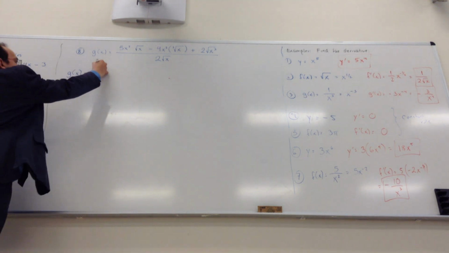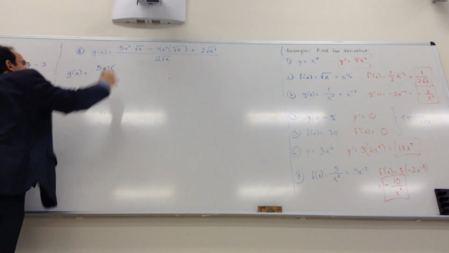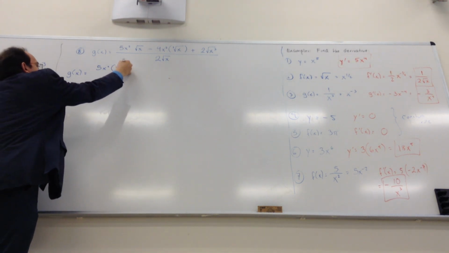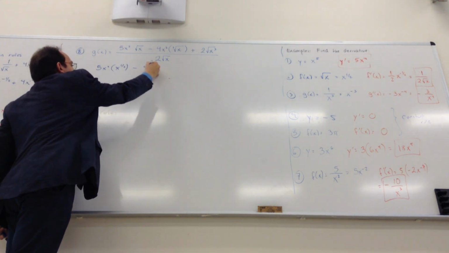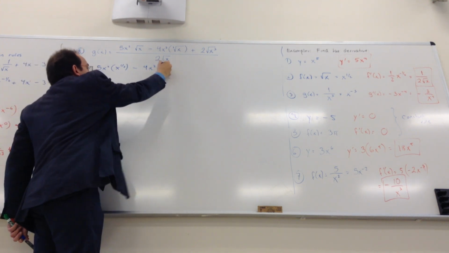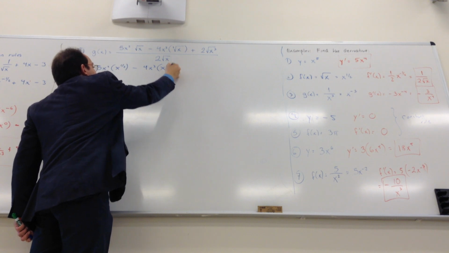We have 5x squared times what? x to the 1/2. Minus 4x to the cube times x to the 1/3.